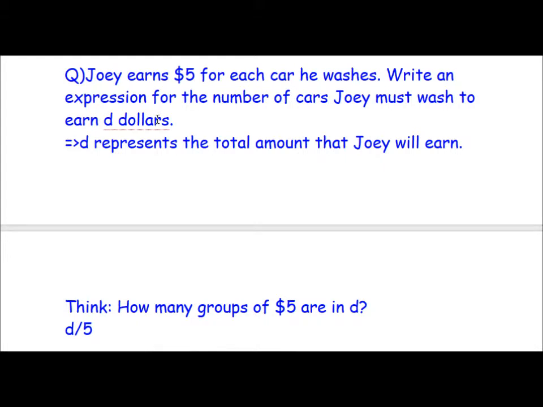So how many groups of 5 are there in D? That means D divided by 5. For each car he got 5, so D can be divided into groups of 5. So D divided by 5 will give you the answer.